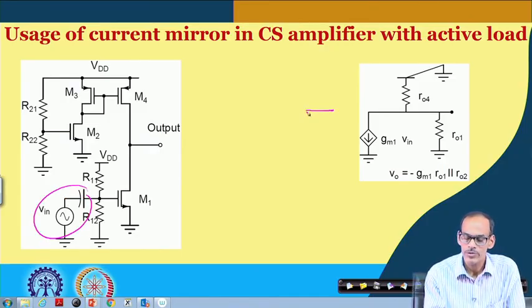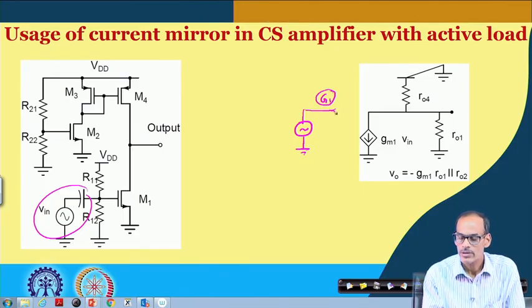We do have the input directly coming here to the gate node of transistor 1, and that produces VGS 1, and incidentally this VGS 1 equals V in.